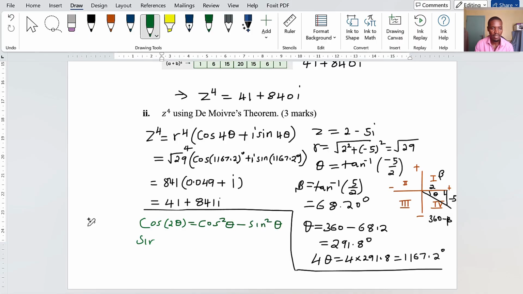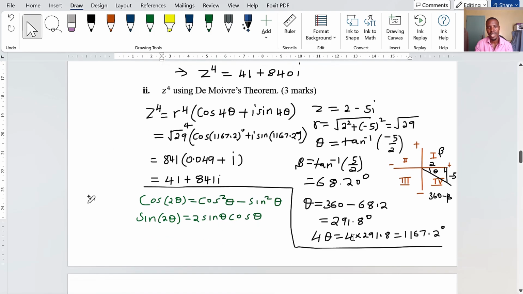Then we have sine 2 theta is the same as 2 sine theta cos theta. I just want to apply the trigonometric identity and see if we can get the exact thing.